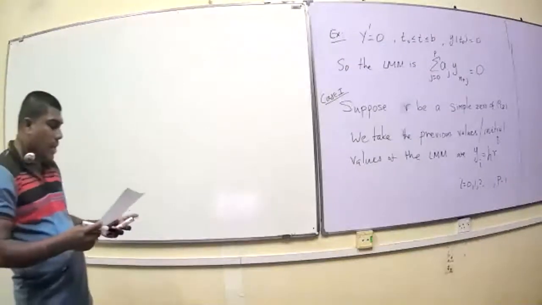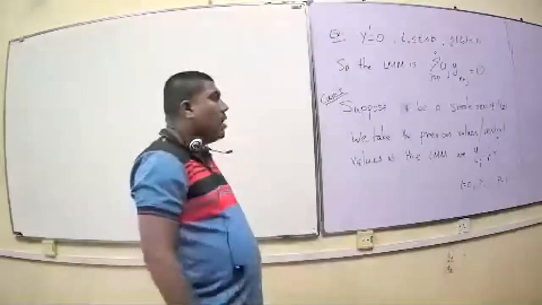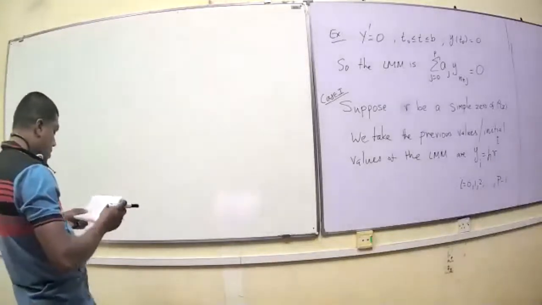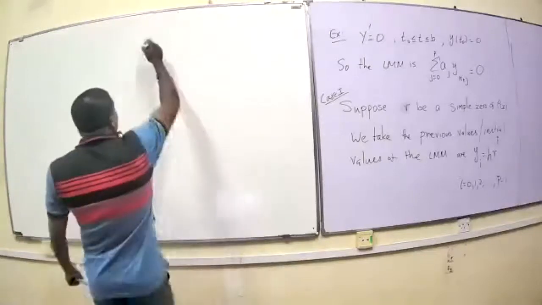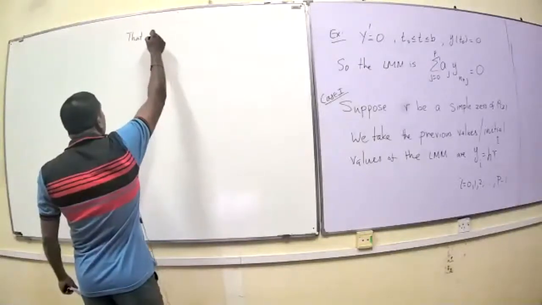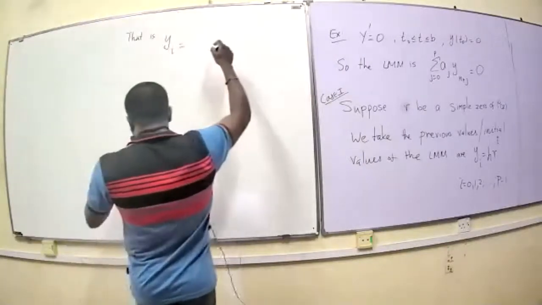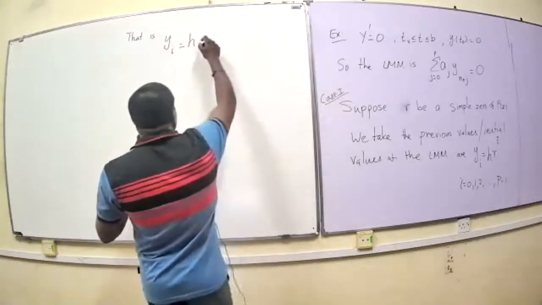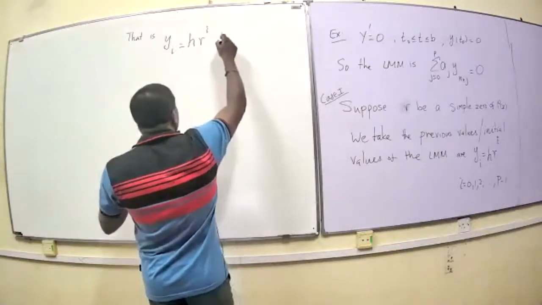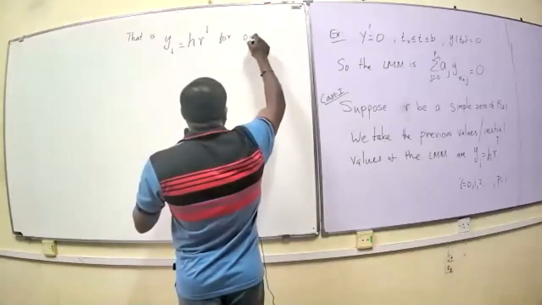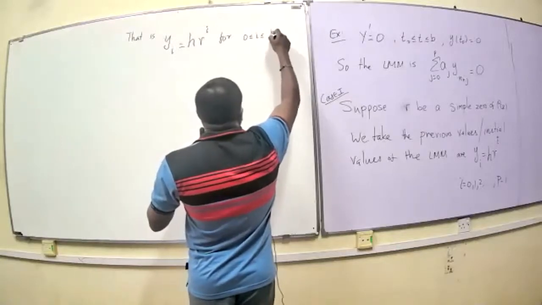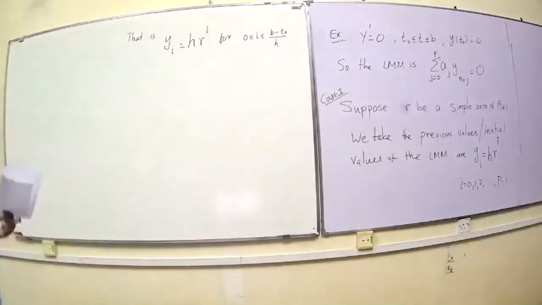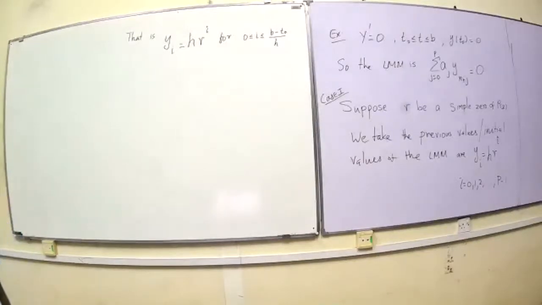So you can take the initial values in this form. So then the norm is what matters here.